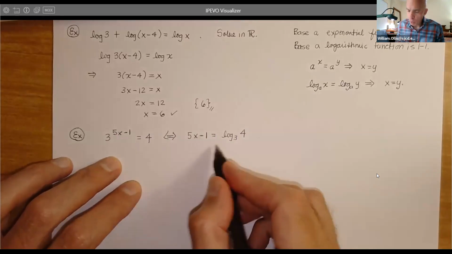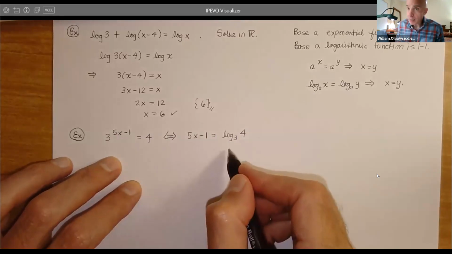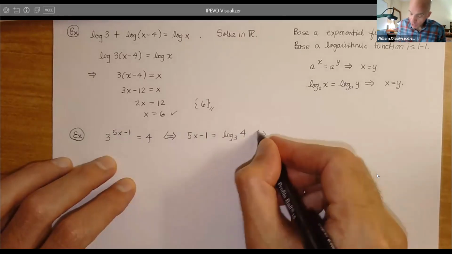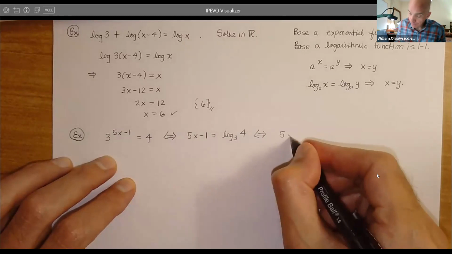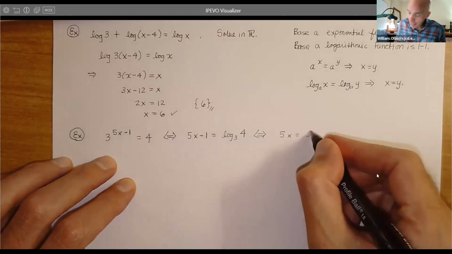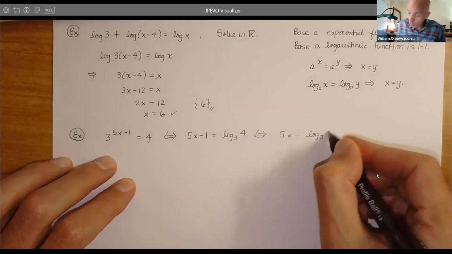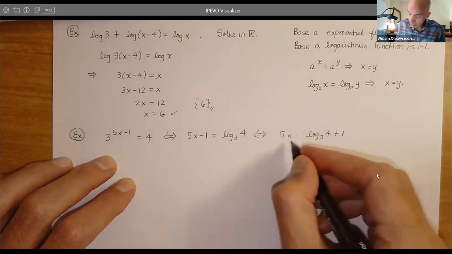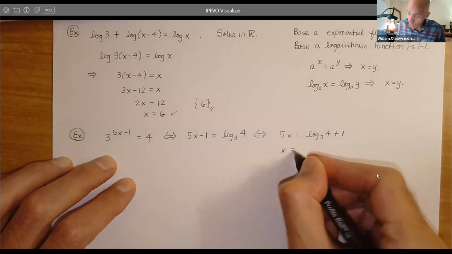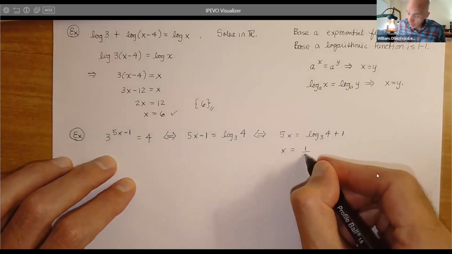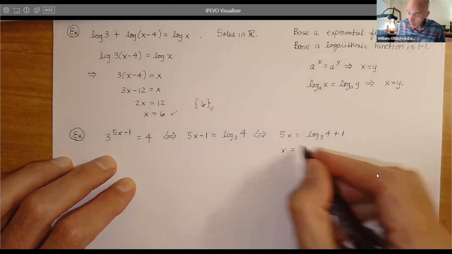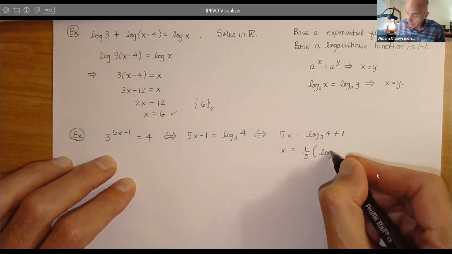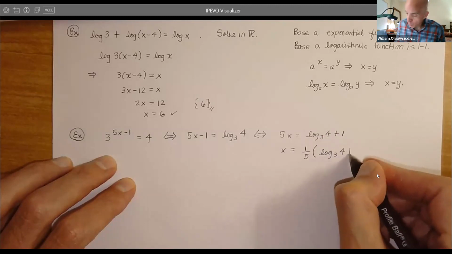And then you're thinking, okay, well, I can solve for x, so let's do it. So now we have 5x equals the base 3 logarithm of 4 plus 1. And so x equals 1/5, that is, we divide by 5, base 3 logarithm of 4 plus 1.